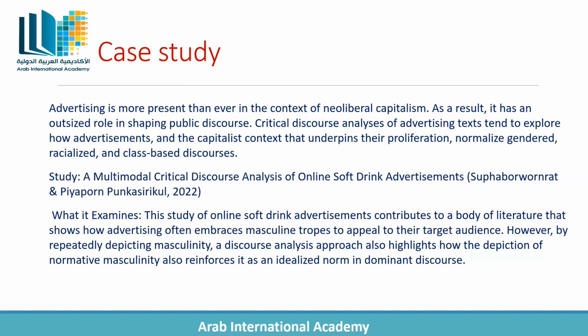These ads don't just reflect society, they also help shape it. The more these ads show a certain idea, the more it becomes the norm. So when you use those tough guy ads over and over again, they are not just selling a drink, they are selling a whole way of thinking.